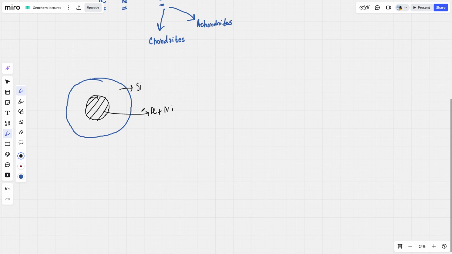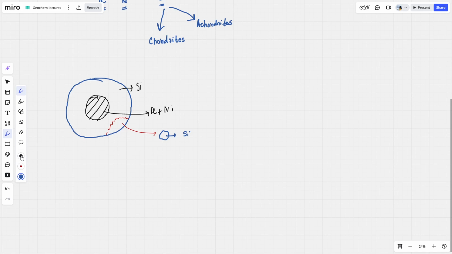Now say we get a fragment, or say this gets blasted like this, and we get a fragment like this, or a meteorite like this. So what will this be composed of? This will be composed of mostly silicates, right?